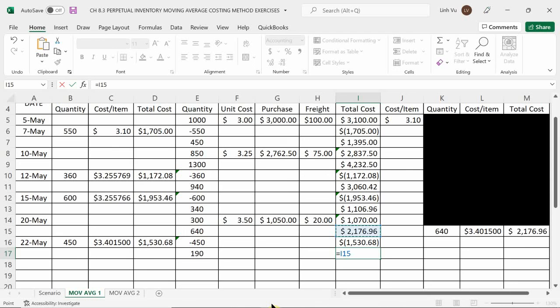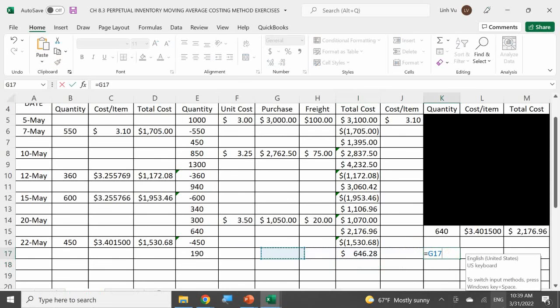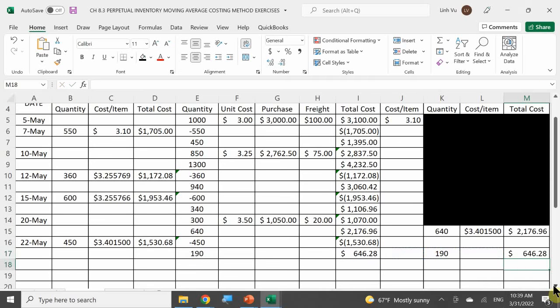So 2,176.96 minus 1530.68 should leave a remainder of $646.28. Once again, I'm going to pop that in here because now I need to solve for my new average cost per item.